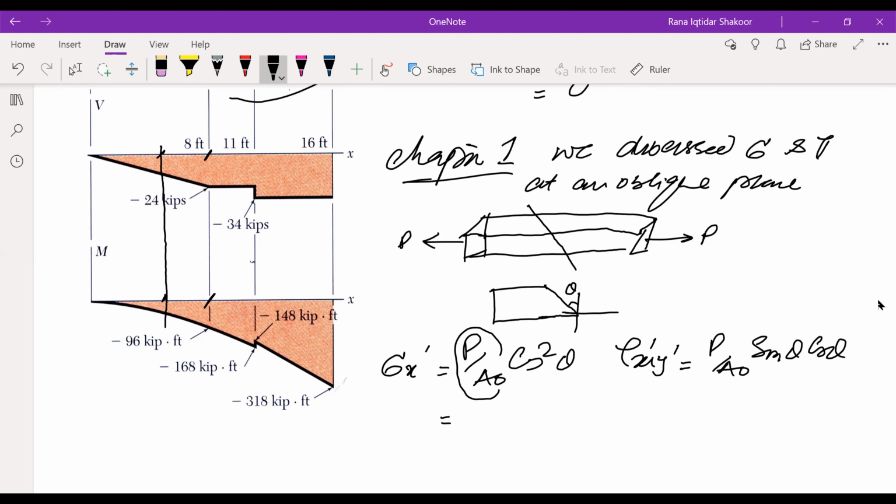So sigma prime will be sigma cos square theta, and tau xy was tau sin theta cos theta, right?